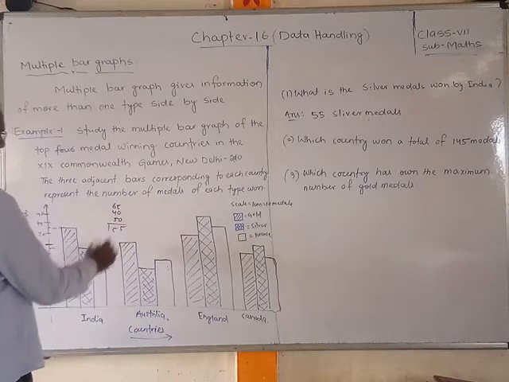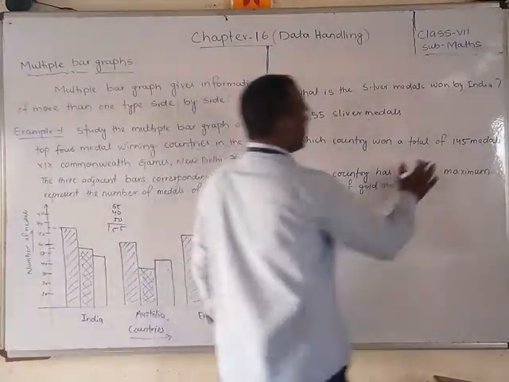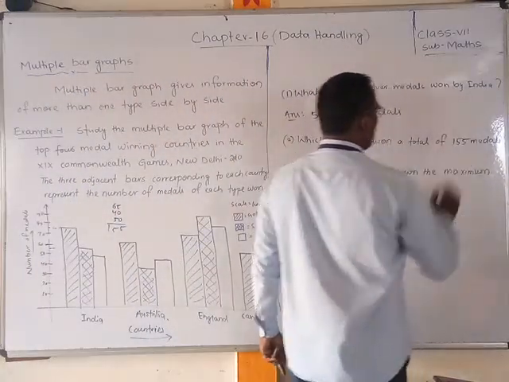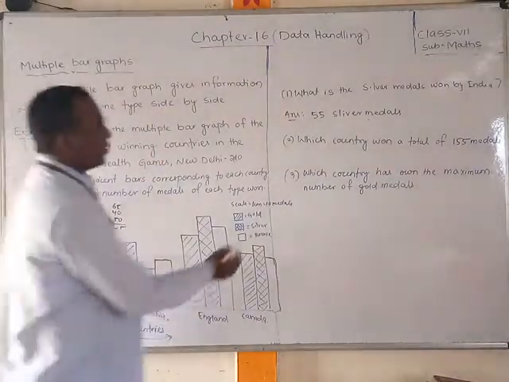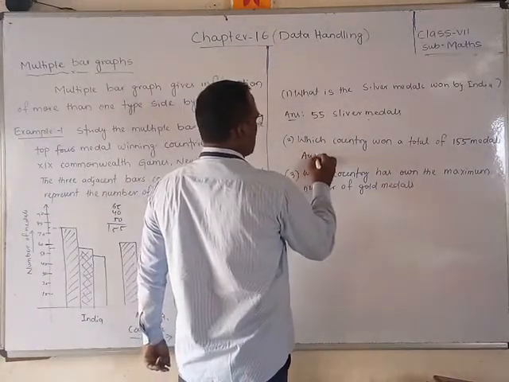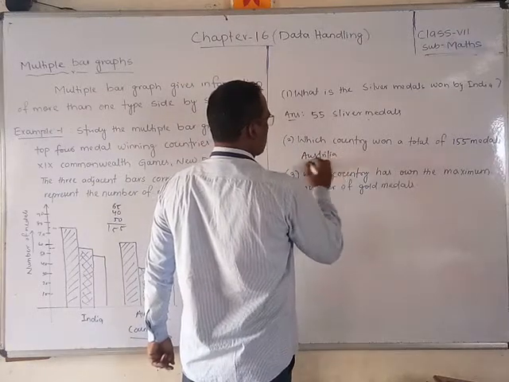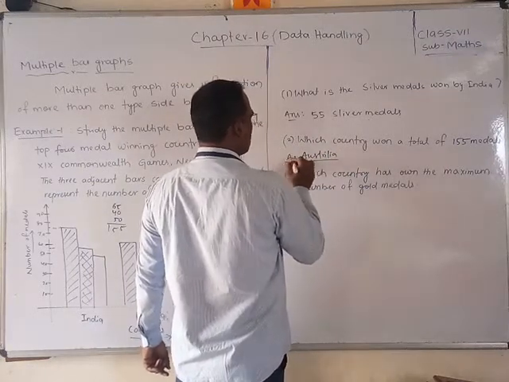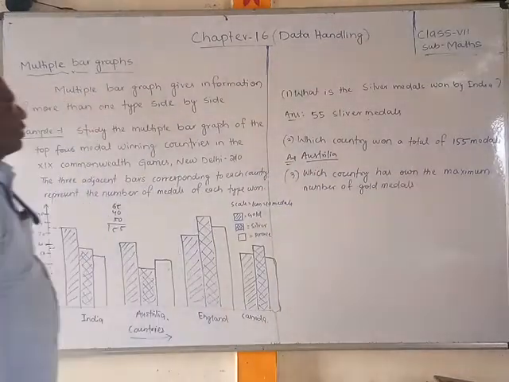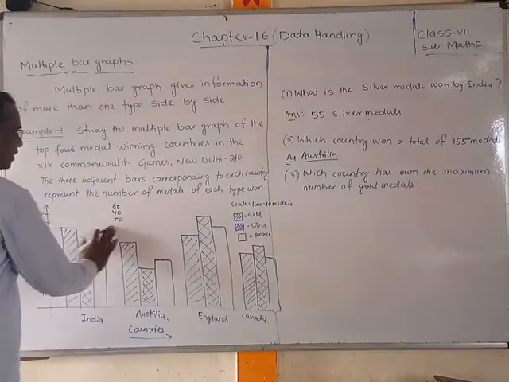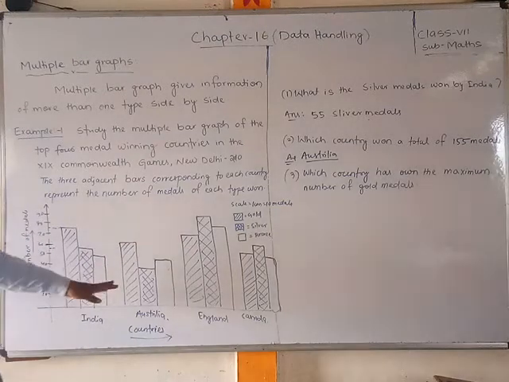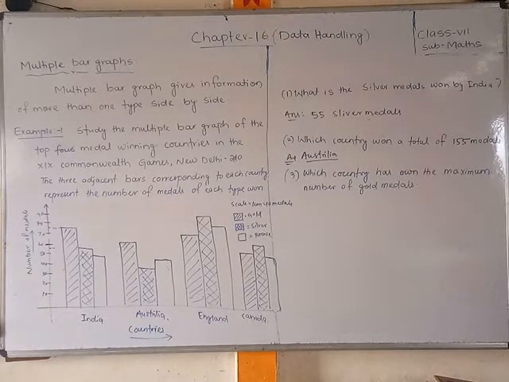So this is 155, because it is approximate. So 155 means Australia, and we can write the answer: the country that won a total of 155 medals is Australia. That is, Australia won 155 total medals.